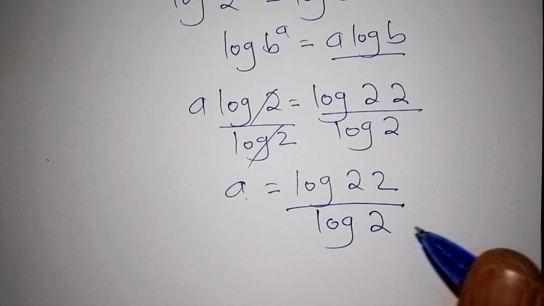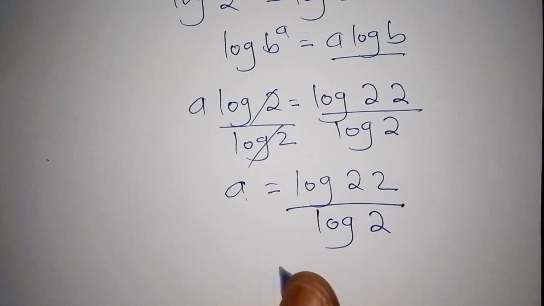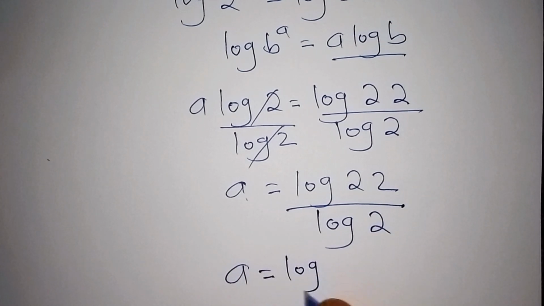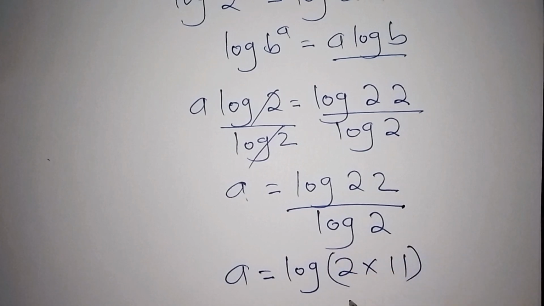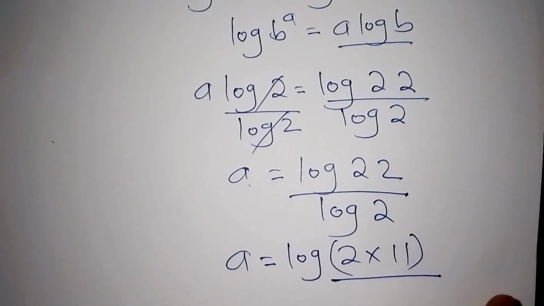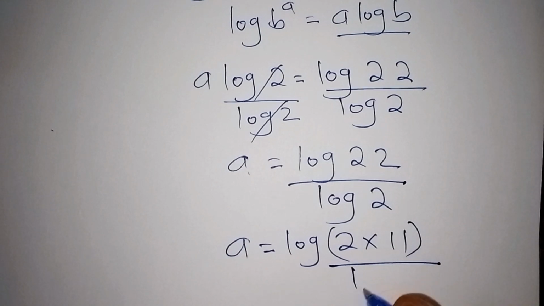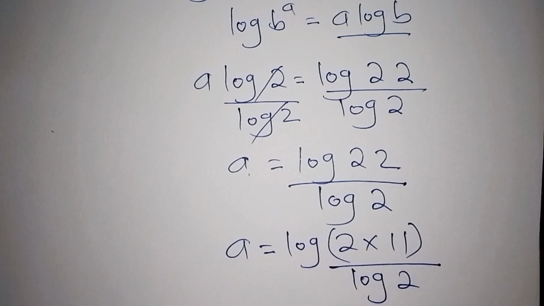Here we can still simplify the log of 22 by saying that a is equal to the log of 22, which can also be expressed as 2 multiplied by 11, all over the log of 2.